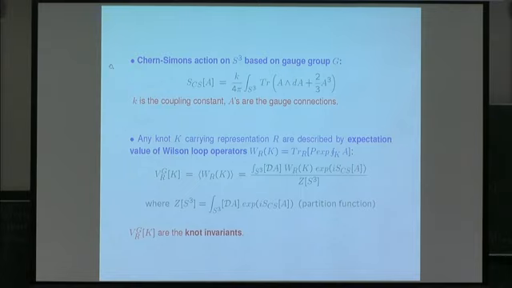And this normalization is technically the partition function or related to the WRT 3-manifold invariants, and these are the quantities which we call knot invariants.